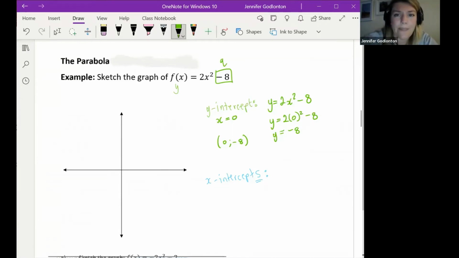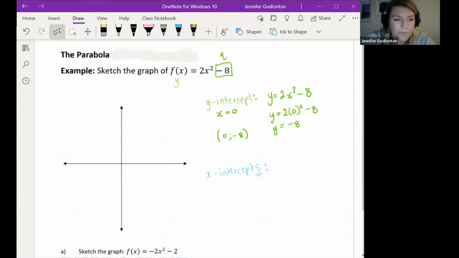For our x-intercept, what we're looking for is when y is equal to 0. And so we say 0 is equal to 2x squared minus 8.